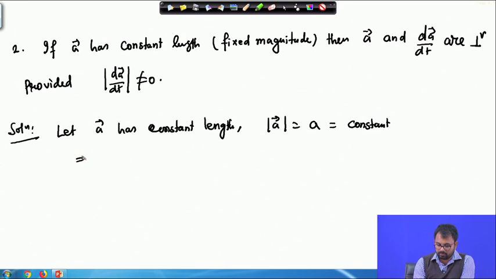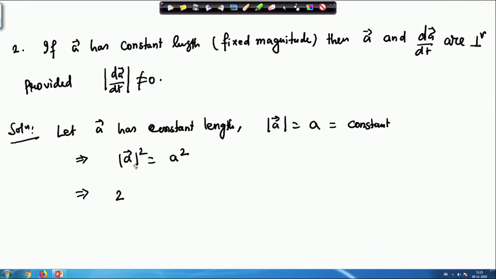From here we have vector a squared equals a squared. If I differentiate both sides with respect to t, this will be 2 times a dot da/dt.